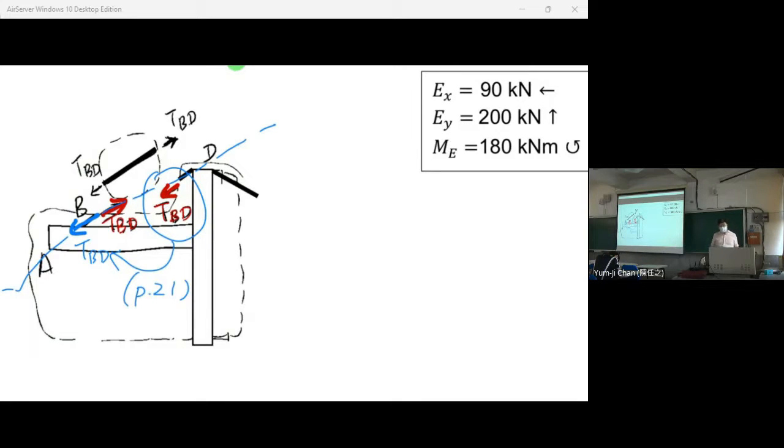So based on the principle of transmissibility, these forces can be moved along the line of action from here to there. So these two forces are cancelled out.